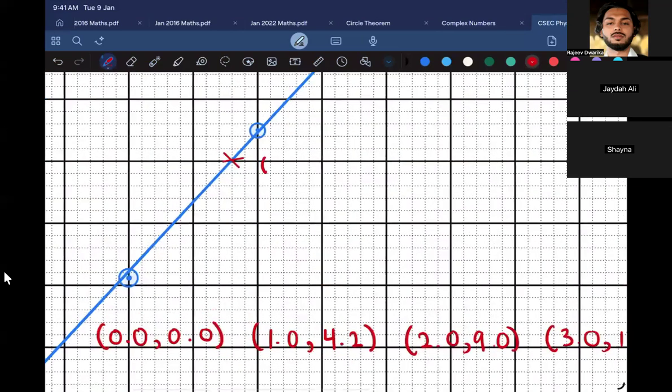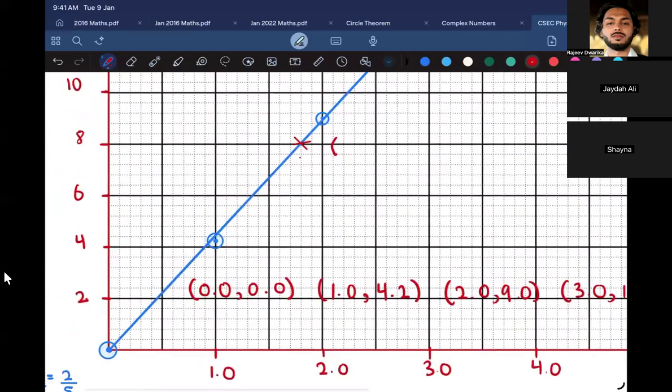So Jada, if you want to read off a point, put a cross by it to show that you're using that point, and put the coordinate for it on the graph. Tell me, if I wanted to read off that point, what would be the X value? 1.8.